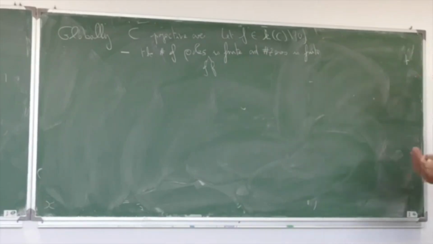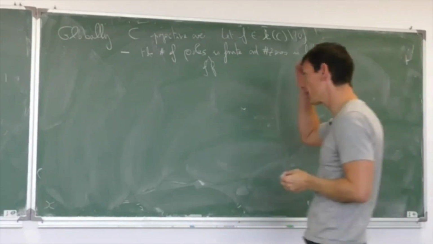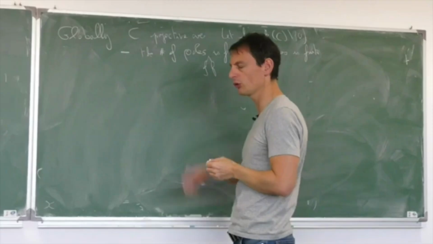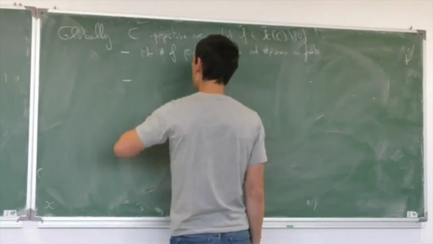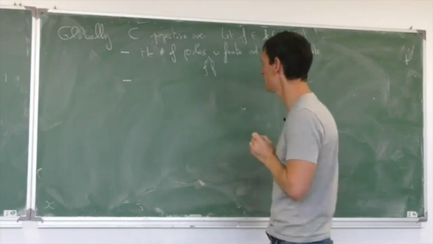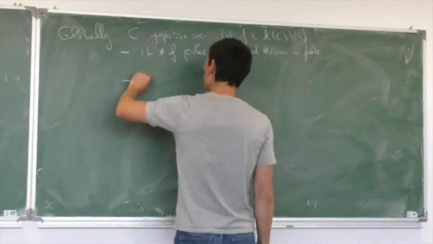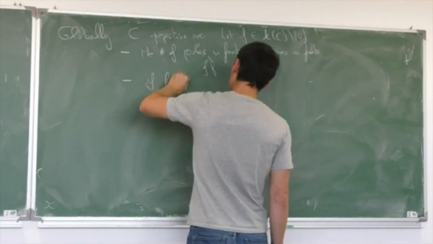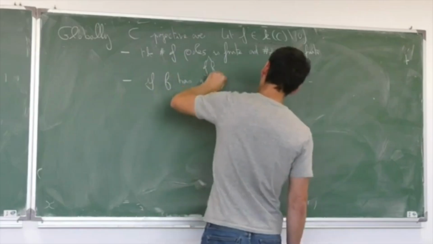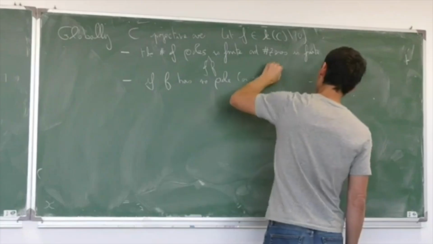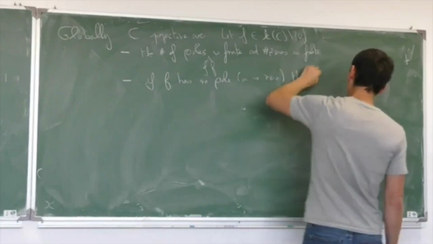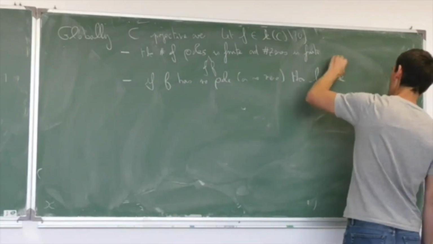Okay, so that's already nice, but I'm not really using projective. I'm using only the Noetherianity of my rings. But now I'm really going to use projective to say that if F has no poles or no zeros, then F is a constant.